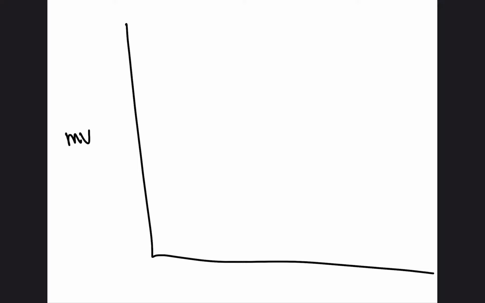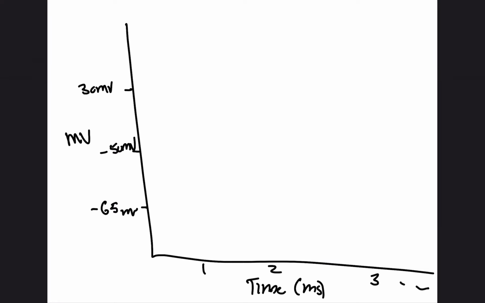Okay, so the action potential graph. This is millivolts. This is time. This is 1 millisecond, 2 milliseconds, 3 milliseconds, and so on. We have negative 65 millivolts, negative 50 millivolts, 0, and plus 30.